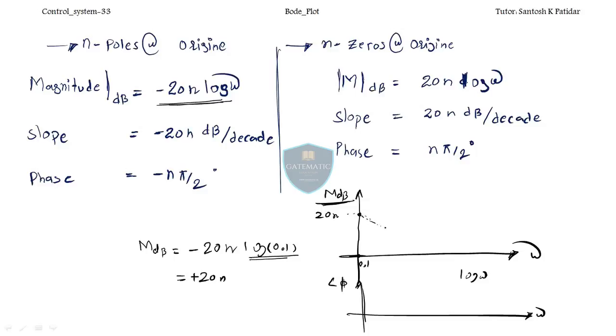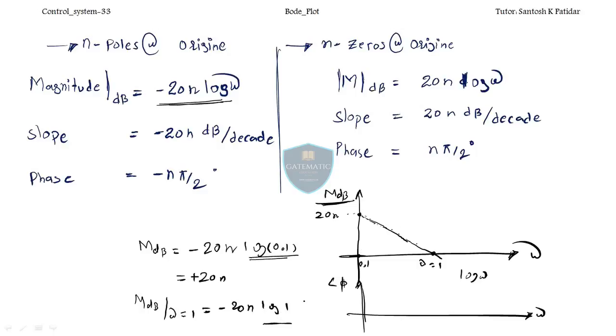It will decrease continuously like this graph I'm drawing. You can find these individual values at different values of omega. It will definitely be 0 dB when omega equals 1, since the magnitude in dB at omega equal to 1 is minus 20 n log 1, which is 0.